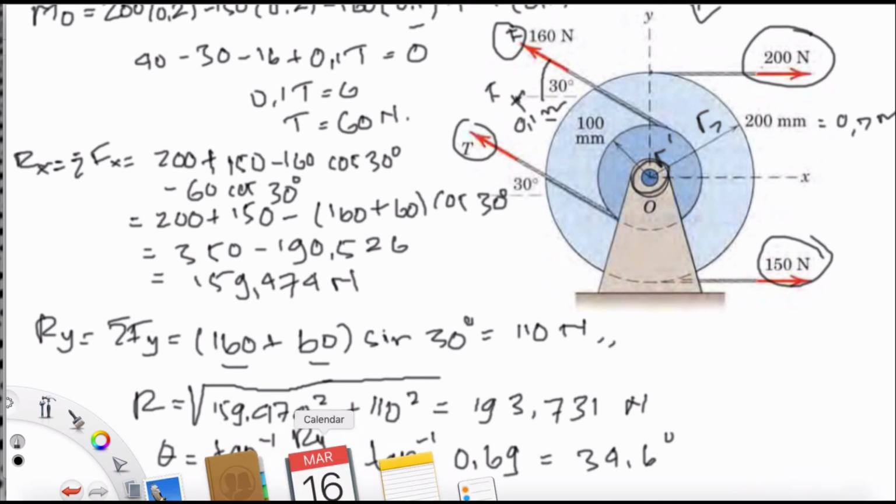The theta of the resultant will be tangent to the power of minus 1 of Ry divided by Rx, where Ry divided by Rx will be 0.69, and the theta angle will be 34.6 degrees. After this, I will give you an exercise, and you have to try to solve it.